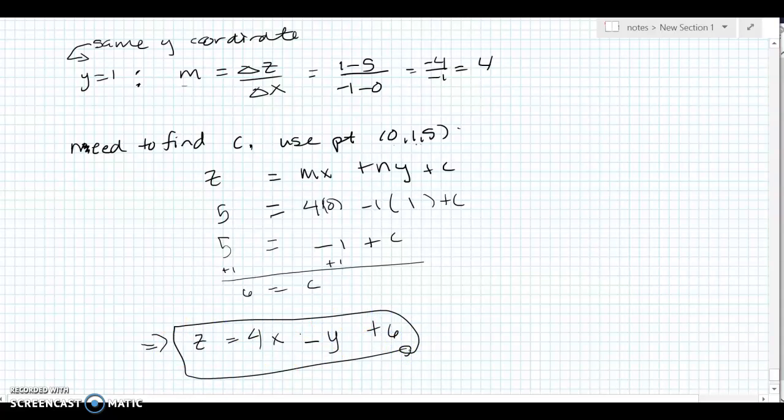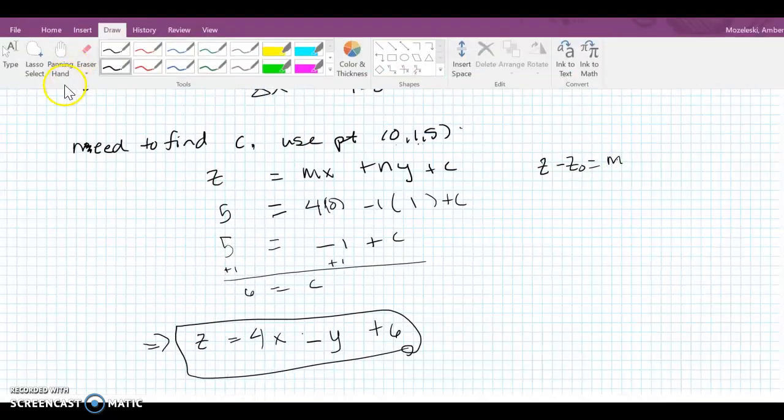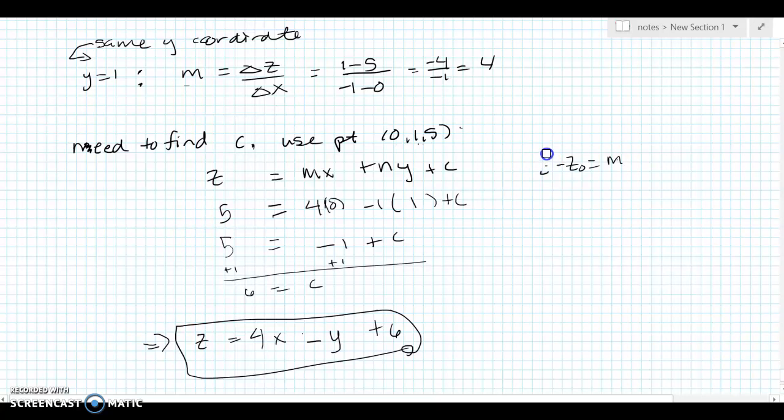You can also use the other equation, z minus z naught equals... you have to multiply it out, but we don't need that in this case.